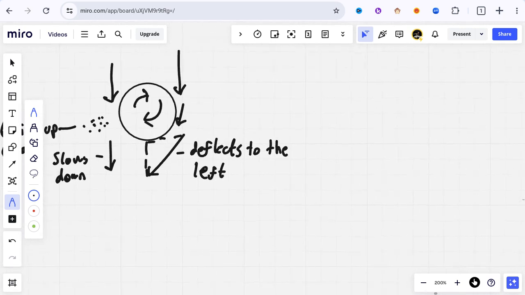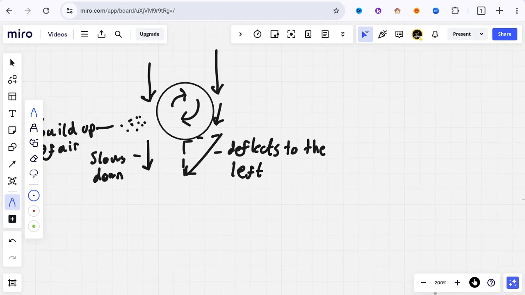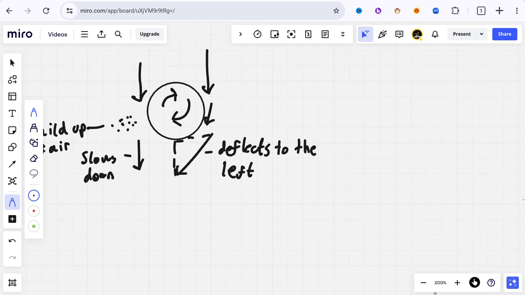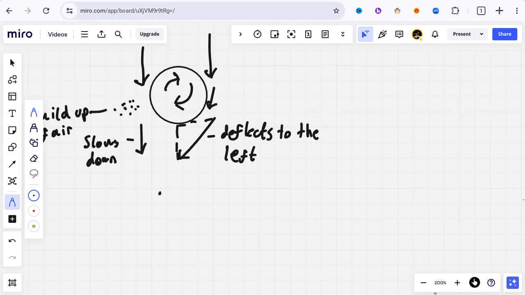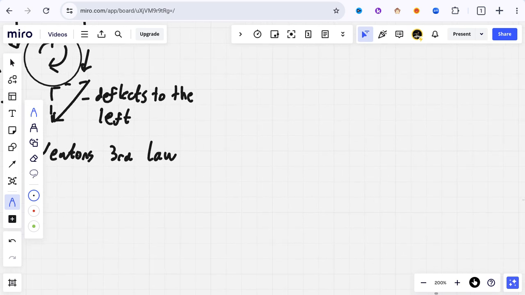The reason why is because the air on the right side, when it leaves, will be deflected to the left, meaning that something moved it to the left, and that's obviously the ball. So the ball therefore has to move to the right. How? Well, this is just Newton's third law. You can think of, say, a rocket. I know this is an amazing drawing of a rocket.